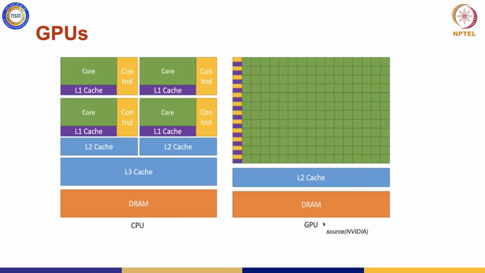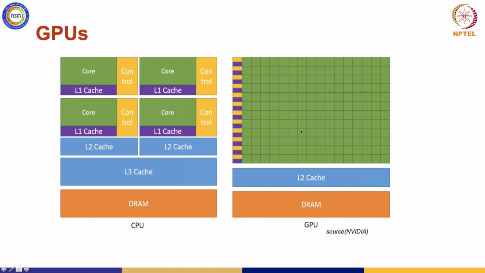Okay, so now let us try to understand the difference between the CPU and the GPU, which is something like this. The CPU has multiple cores, you have an L1 cache for each core, then you have a control unit for each of these cores, and then you have L2 cache, L3 cache, and RAM.